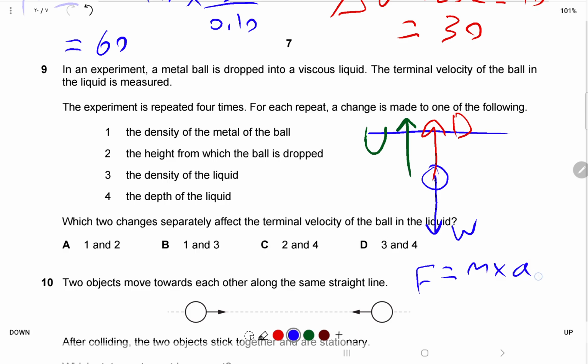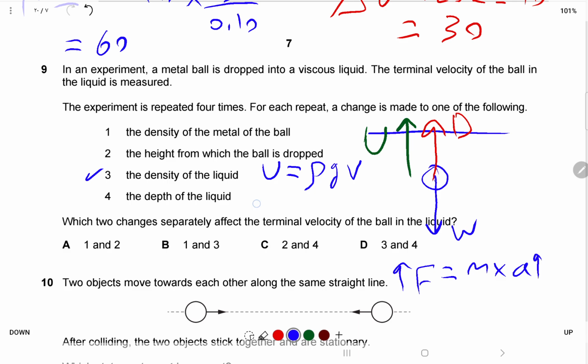Acceleration is proportional to the force, and velocity is affected by acceleration, which means these forces can affect the terminal velocity. So let's see which one can affect. Upthrust is equal to rho gV. So clearly the density of the liquid can affect the upthrust, and then it can affect velocity. So density of the liquid can affect the terminal velocity.